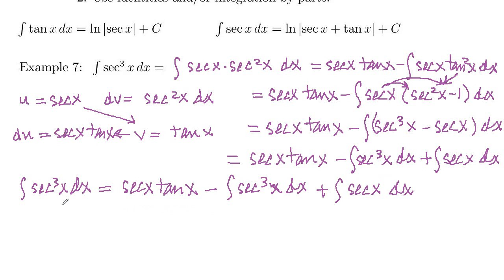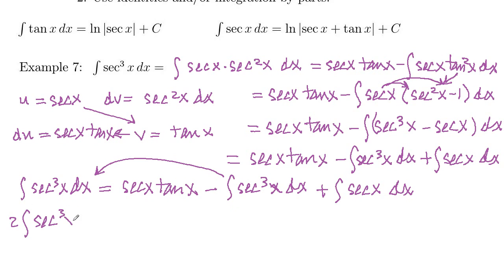What we want is the integral of secant cubed. We'll notice we got another integral of secant cubed over here with the negative sign. So these two are like terms. We want to move this one over to the left as a positive. So we have a positive secant cubed and another positive secant cubed. That's 2 times the integral of secant cubed.